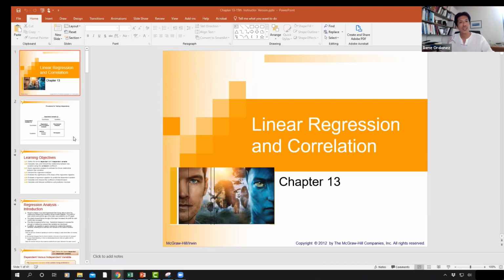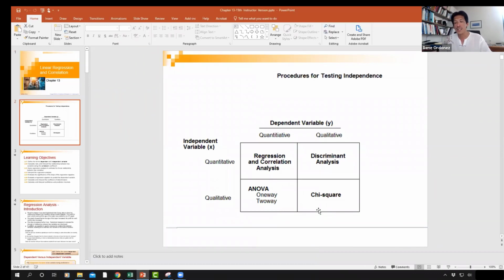To start, let's look at this slide, which is a repeat of what we've seen in the ANOVA and chi-square chapters, where we talked about procedures for determining correlation between variables.